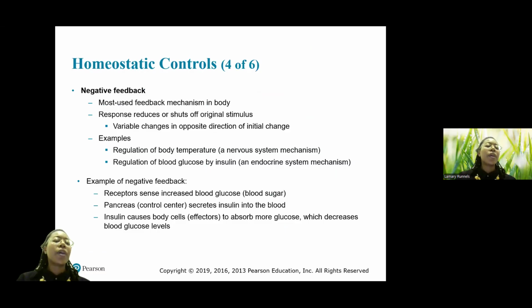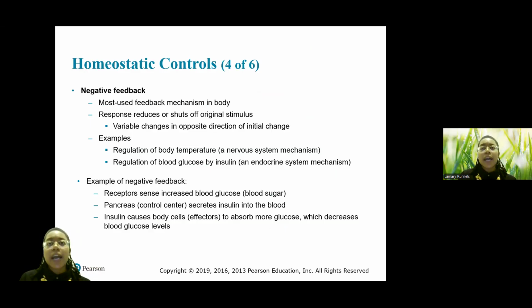Okay, so negative feedback, which I mentioned earlier, is the most common feedback mechanism used within the body. This helps to regulate body temperature. It can help regulate your blood glucose levels with insulin. It can also help regulate several other things. With negative feedback, it's like this: your body temperature is 98.6 degrees Fahrenheit.